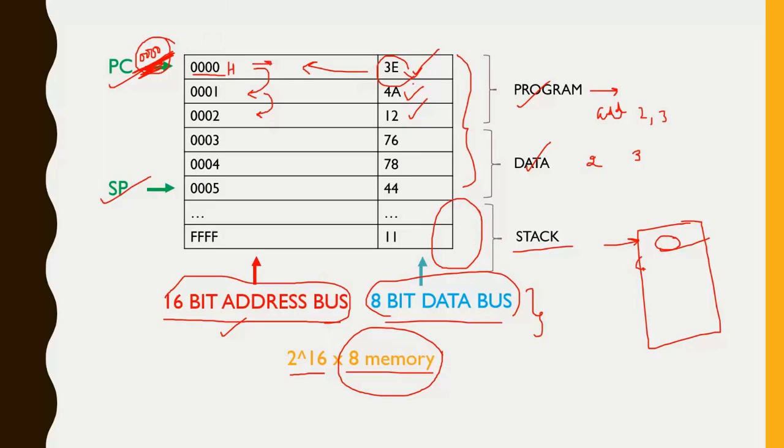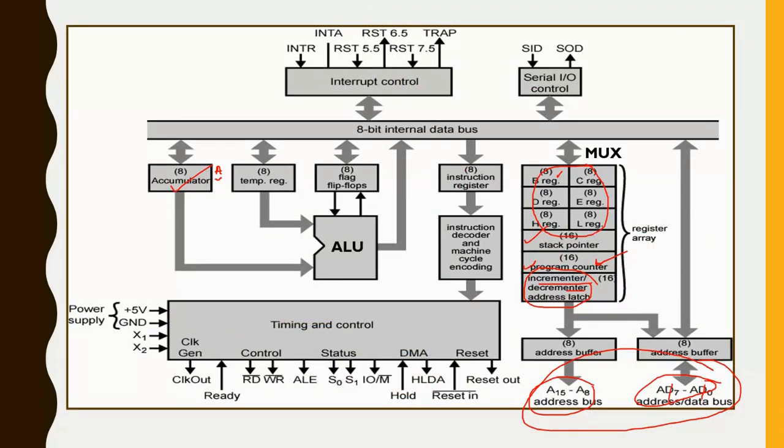Now what the memory will send is the data from here, right? This 3E is of 8 bits, so this 3E goes to the data bus. This instruction goes to the data bus. Now D0 to D7 represents the data bus. Here multiplexing happens. If you don't know about multiplexing, don't worry.